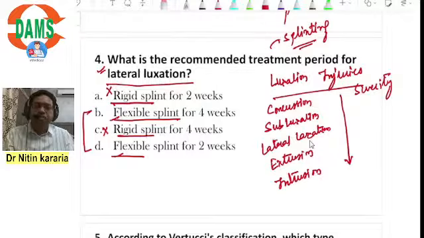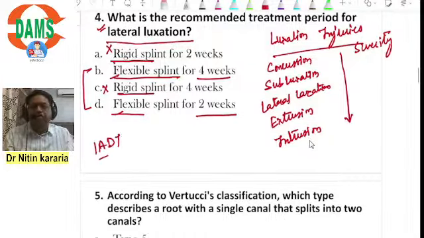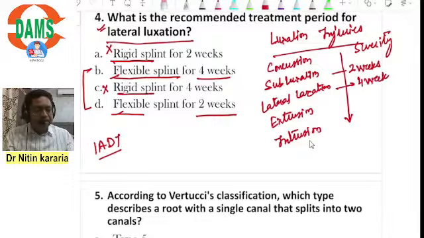The second part of the option talks about the duration of splinting. One is talking about 4 weeks, another is talking about 2 weeks. Now, the International Association for Dental Traumatology has given different guidelines for the duration of splinting in different luxation injuries. For subluxation, if at all splinting is required, it would be for 2 weeks. For lateral luxation, it is for 4 weeks. Extrusion, it is 2 weeks. And intrusion, it is 4 weeks.